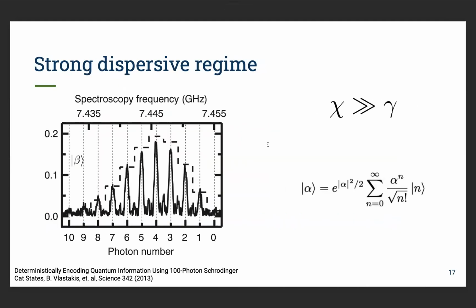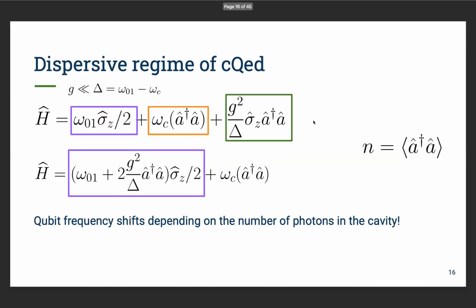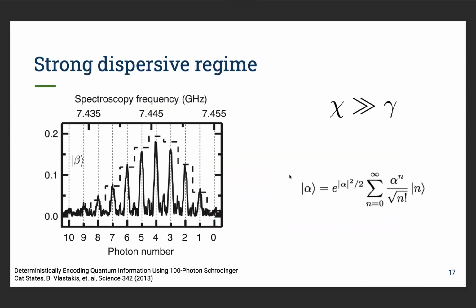And if you're in a regime where this shift, g squared over delta, or 2g squared over delta here, is the shift in qubit frequency per cavity photon, and this shift is greater than the line width of the qubit, you can actually resolve individual photon number peaks in your qubit spectra.